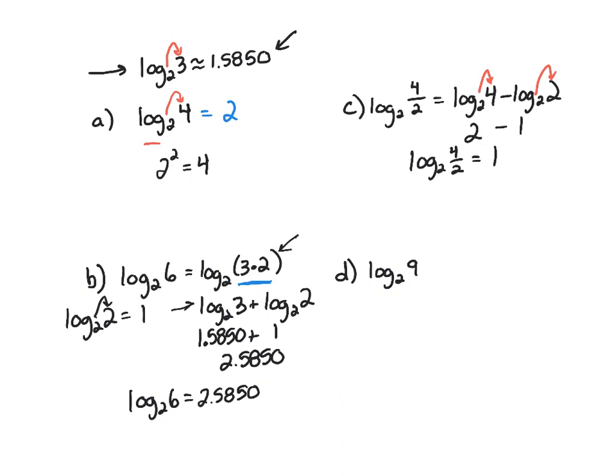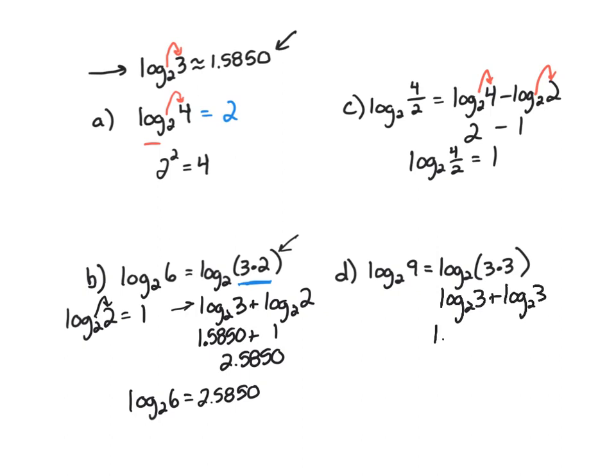Now the last one, we have log base 2 of 9. Again, I can't take 2 to a power and get to 9, so I'm going to try to bust 9 up into factors. And I know log base 2 of 3, so I'm going to break 9 up into log base 2 of 3 times 3. And since we have multiplication, we're going to separate that log with addition. So log base 2 of 3 plus log base 2 of 3.